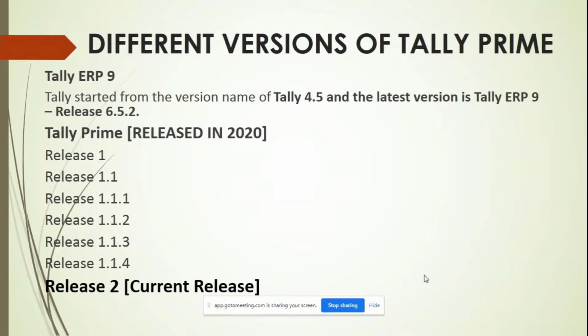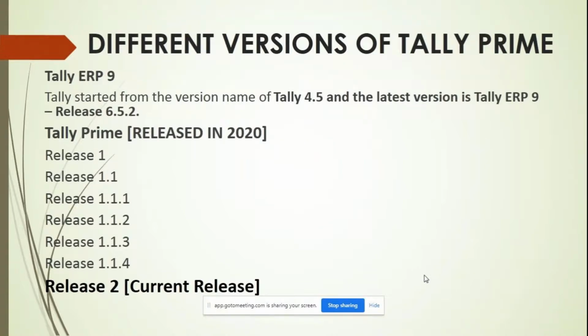Then last year, I think it is November 20, right? That time it was upgraded from Tally ERP9 to Tally Prime. It was upgraded to Tally Prime, and from then on, even till today, it is the Tally Prime software. And I have given you the list of releases here.